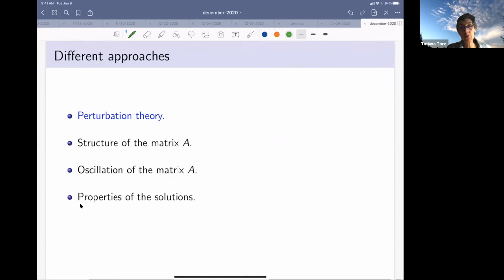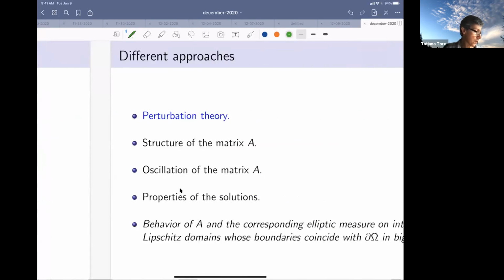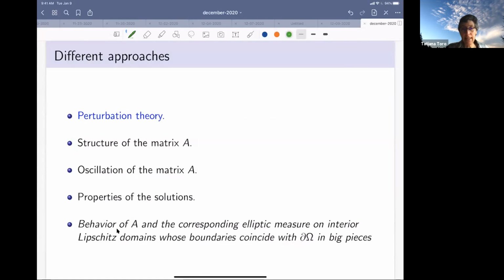There are also properties of the solutions. There are results along the lines of: if you have solutions which are bounded by one at the boundary, then the following thing happens. There's a funny one. You might say this is not very useful: you know the behavior of A and the elliptic measure on one domain, and you know how that operator behaves with respect to all Lipschitz domains which are interior to the domain you're studying and whose boundaries coincide.